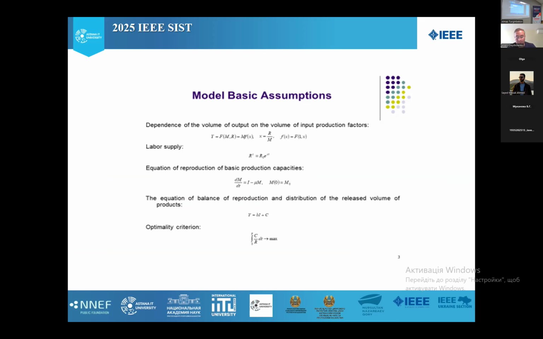The only production factor is labor force. According to the neoclassical theory of production, we will describe technologies and production capabilities by the production function. This represents the dependence of the maximum level of output on production capacity and the amount of involved production factor.